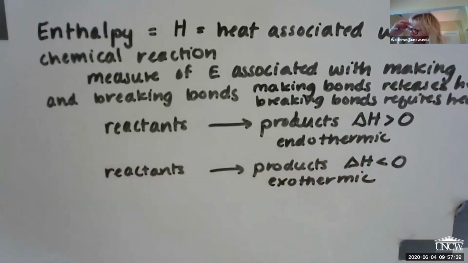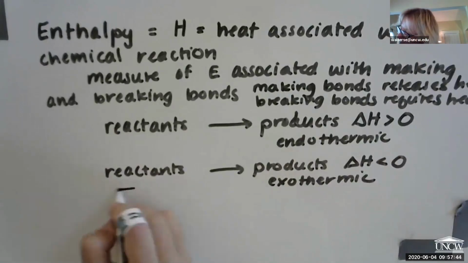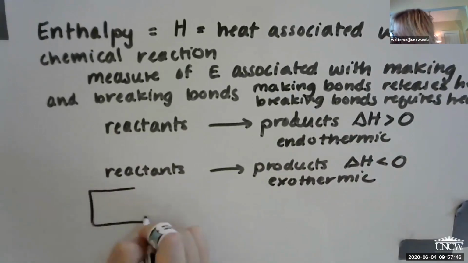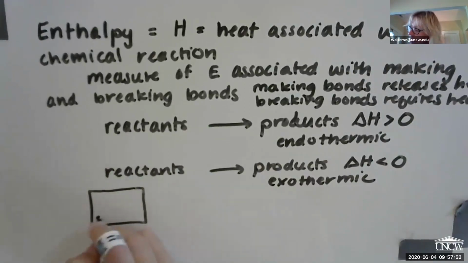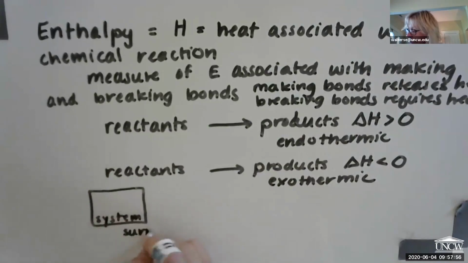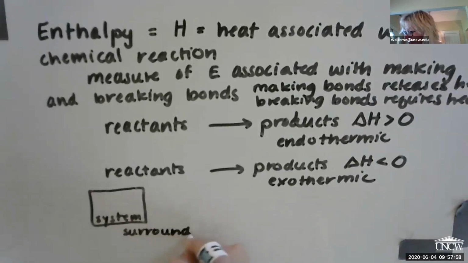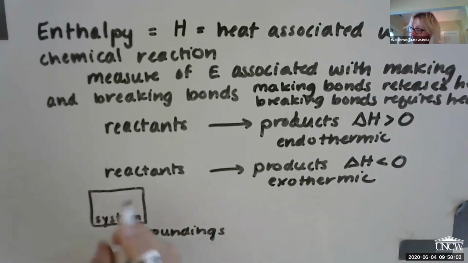One of the things that's important to remember is that the universe is broken up into two regions. You have the system and you have the surroundings. The system is the reaction.